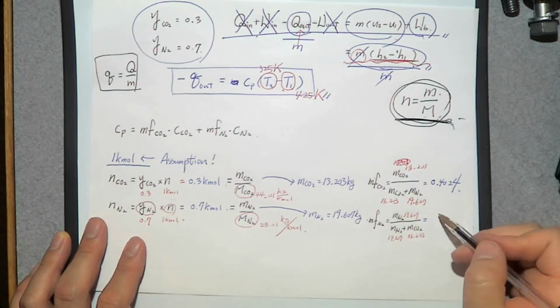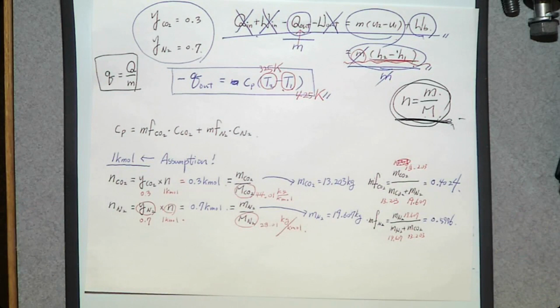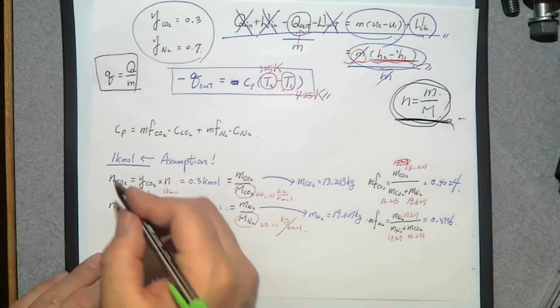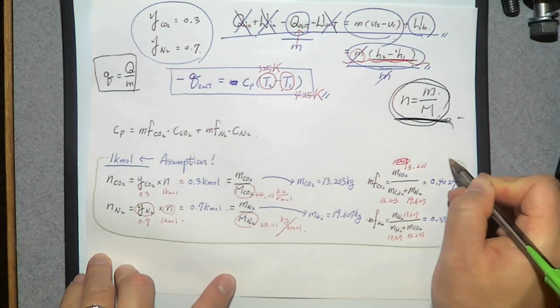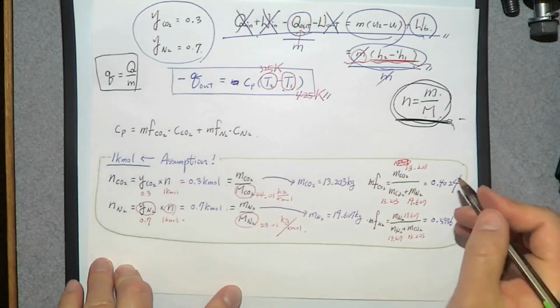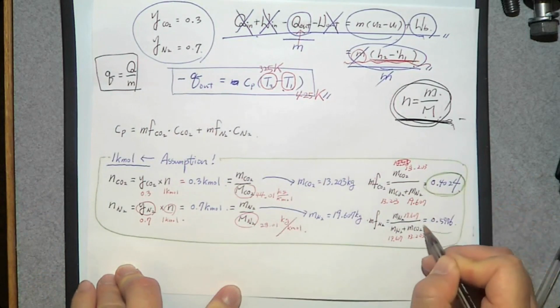So the mass fraction is going to be 0.5976. From this analysis, we learned the mass fraction of each component.